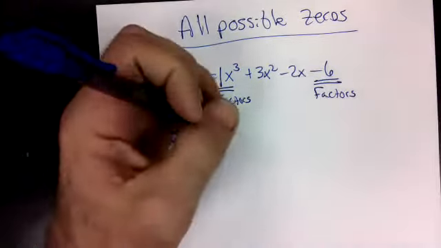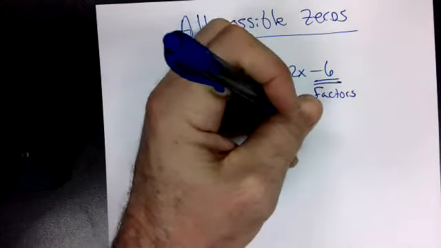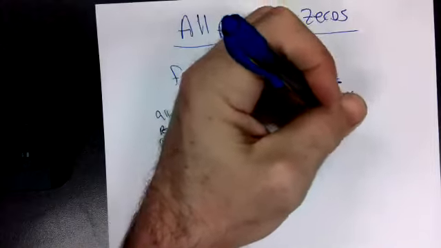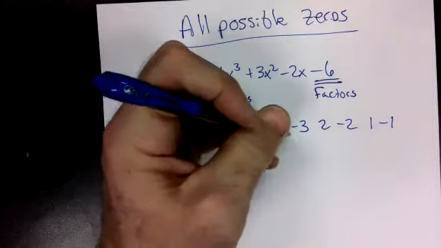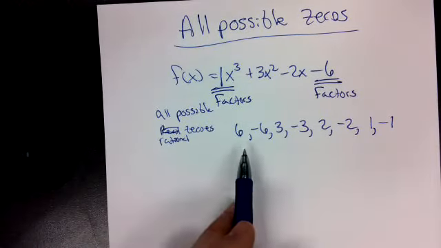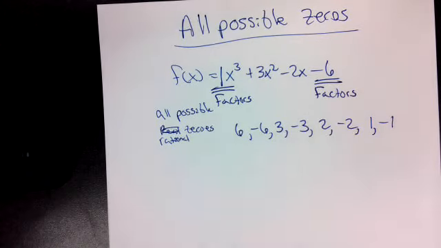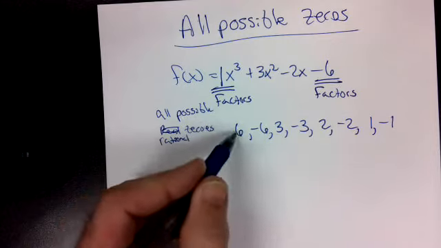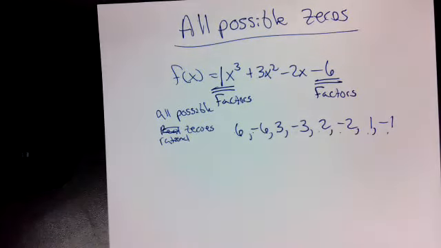So the factors of 6 are 6, negative 6, 3, negative 3, 2, negative 2, 1, and negative 1. So that is the plus and minus of all of the different numbers that you can multiply to get 6. You can multiply 1 and 6, or you can multiply 2 and 3.